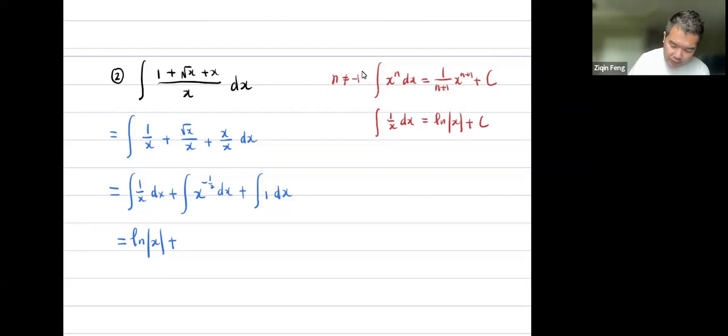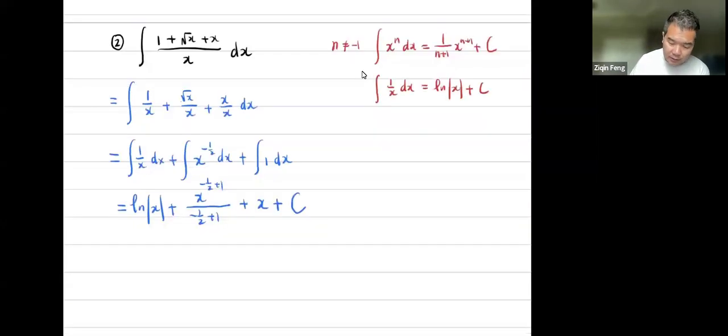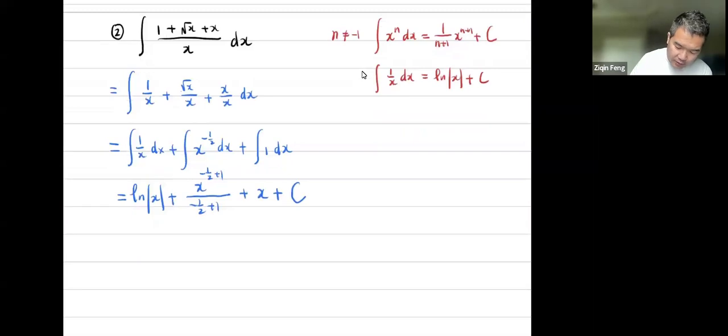So this is x to the -1/2 plus 1 over -1/2 plus 1. Then plus, this is x, and plus a constant, right? If you want to simplify this, this is natural log of the absolute value of x, plus -1/2 plus 1 is 1/2.